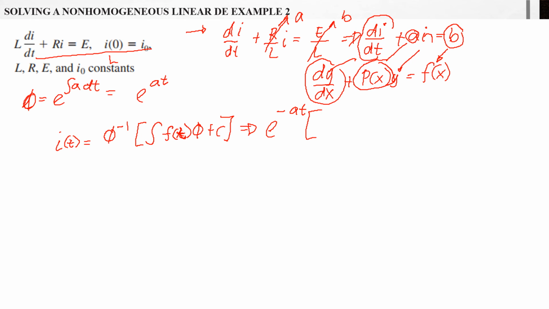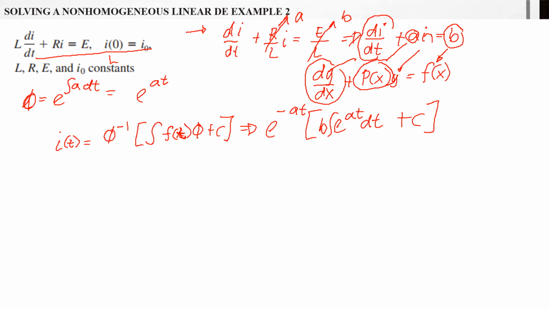Your f of x is B, but B is constant, so we take that out of the integral, leaving the integral of e^(At) dt plus c.